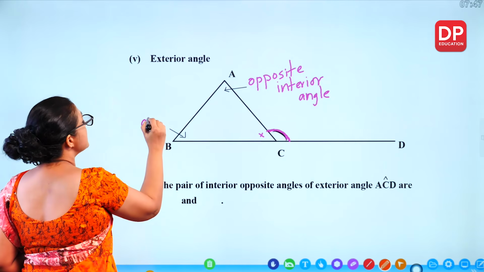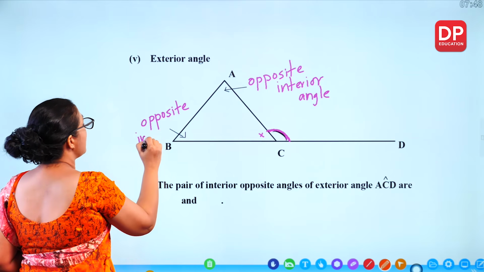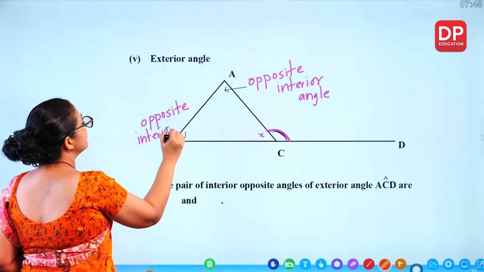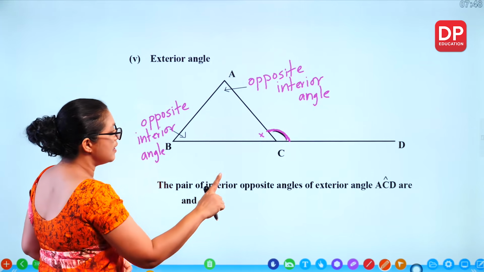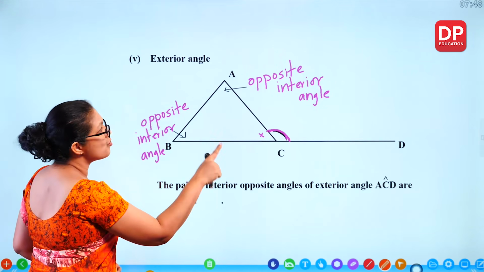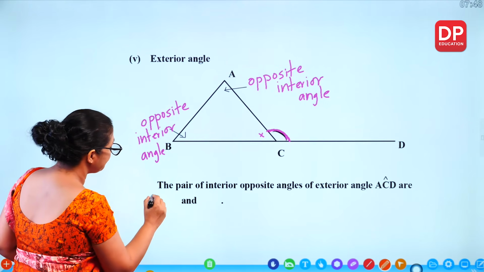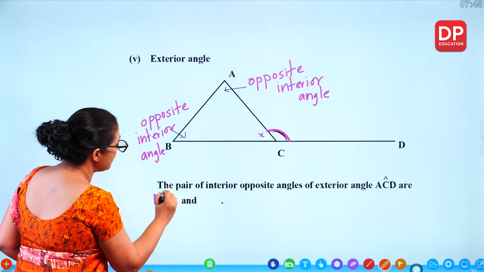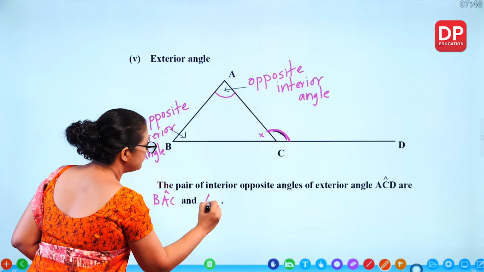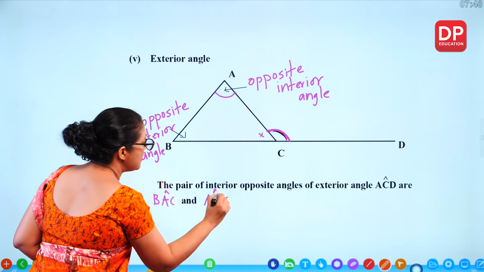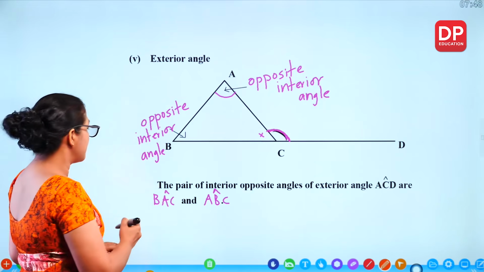So how can you write down the opposite interior angles to ACD? You can write BAC, this angle, and ABC. ABC is the other opposite interior angle.